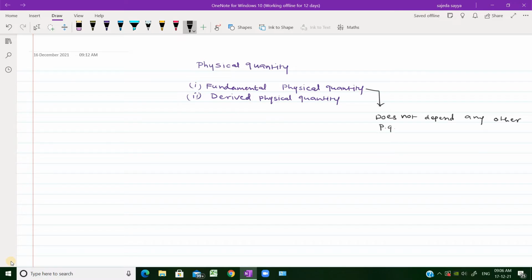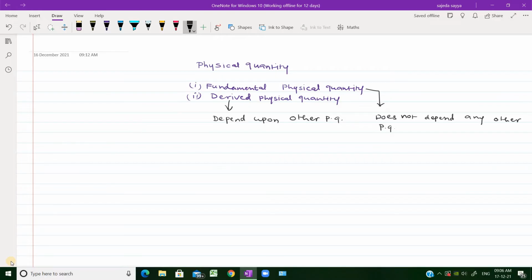And derived physical quantities are those physical quantities which depend upon other physical quantities for their measurement. So let us study one by one in detail. There are a total of 7 fundamental physical quantities, and there are many derived physical quantities.